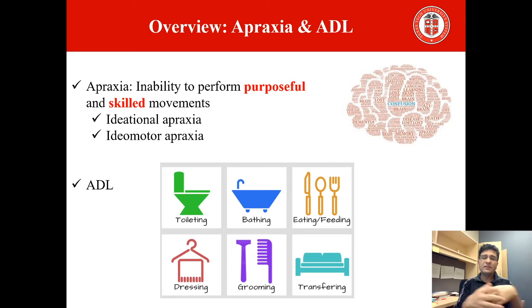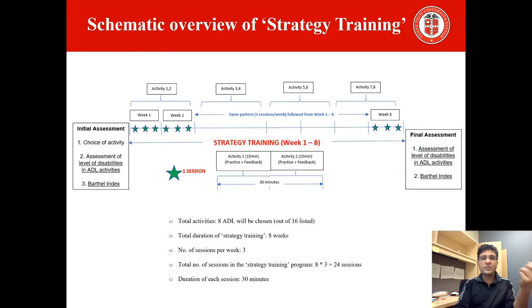And these are some of the examples of activities of daily living that include toileting, bathing, eating, feeding, dressing, grooming, and transferring, etc. So the idea is that these patients are not able to perform ADL optimally, so we need to design a program, and that is what the strategy program is for.